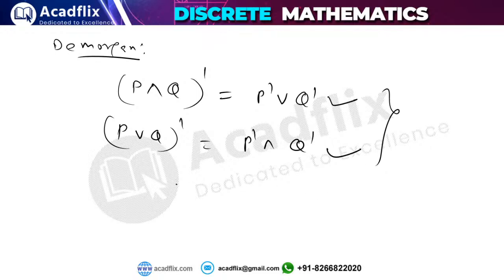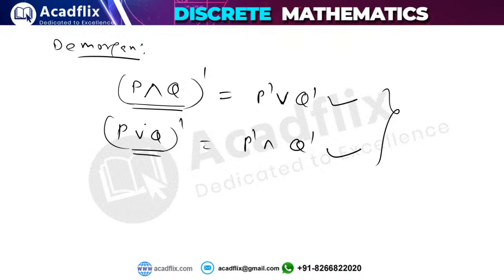The Demorgan formula is very easy. If you are doing negation of a conjunction, then in the result, change the conjunction into disjunction and complement, basically negate, each proposition. So this p will become p dash, this q will become q dash.